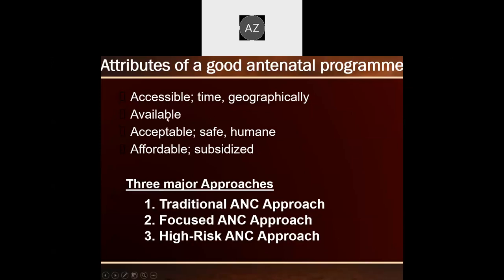Sometimes affordability is looked at as financial accessibility. Yes, it's available nearby geographically, but can we afford it? So it should be available, affordable, and accessible in very many ways.